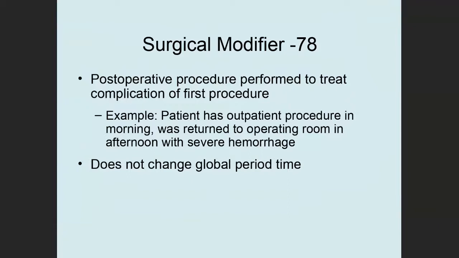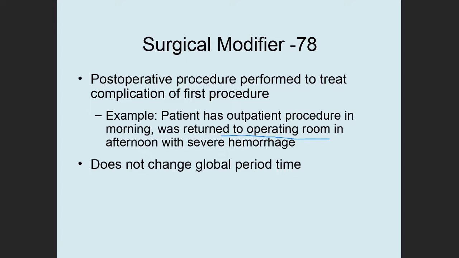So let's look at surgical modifier 78. This is also added to a surgical code for a post-operative procedure performed to treat a complication of the first procedure. And it includes a return to the operating room. You'll remember we talked about Medicare and compared CPT and Medicare global packages. That's why this is important, whether or not the patient was returned to the operating room.